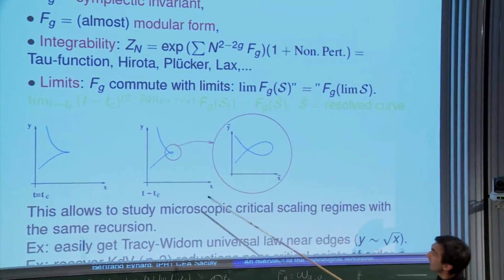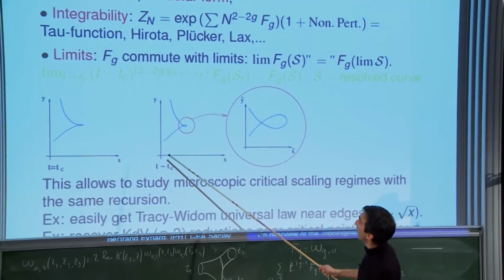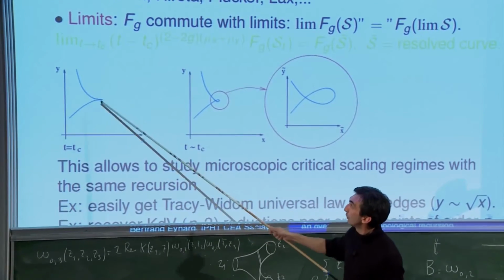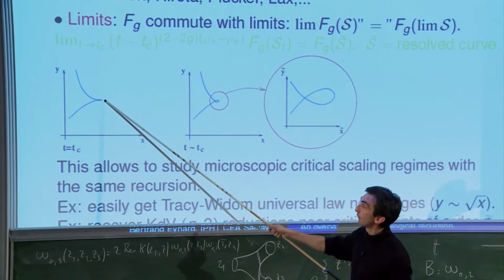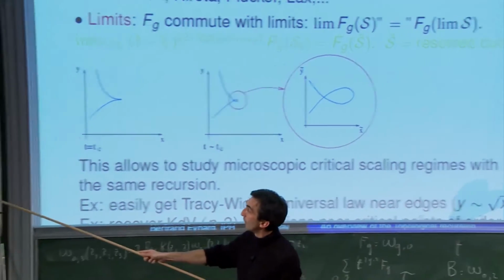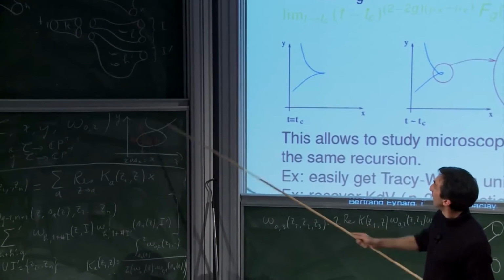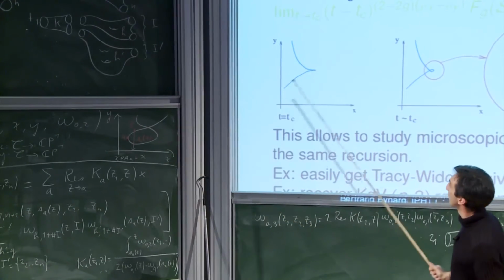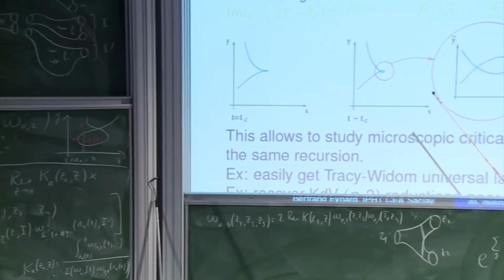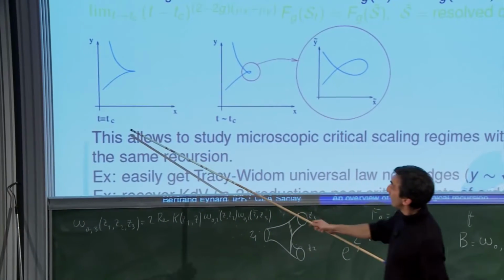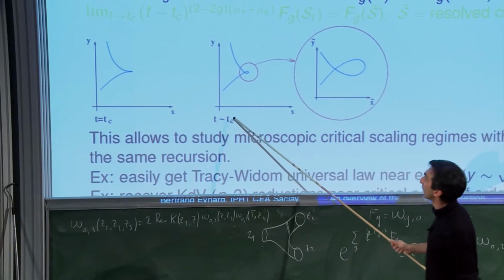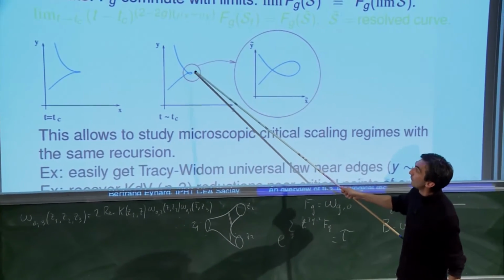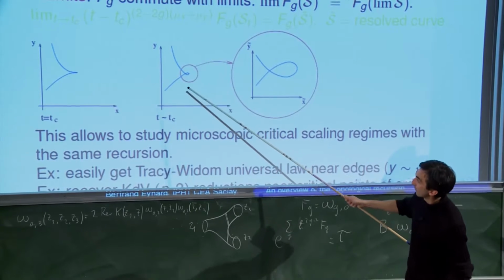And imagine that at a certain value t equals tc, a critical time, the curve becomes degenerate. Instead of having a tangent, for instance, it can have a cusp at this very special value t equals tc. When you are a little bit away from t equals tc, the cusp is resolved. I mean, you have something like that.